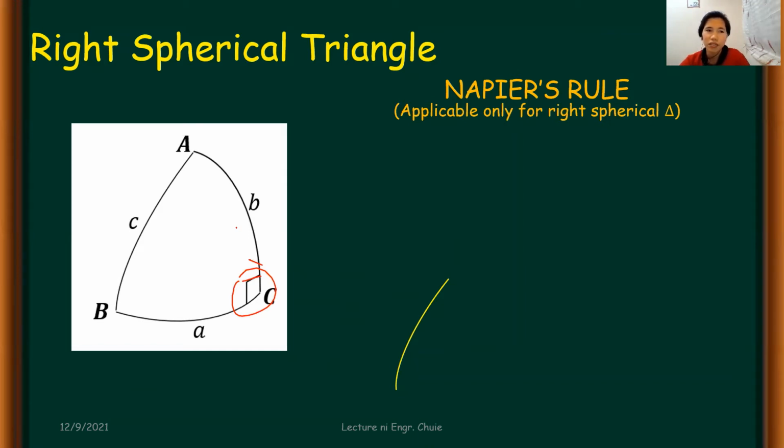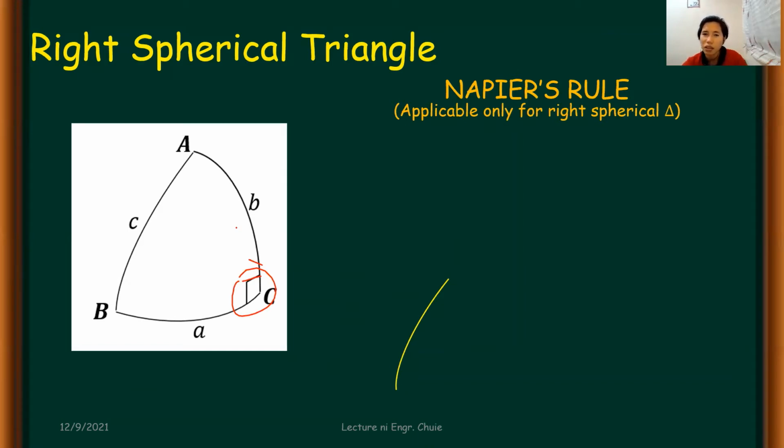But this time, for the spherical triangle, we follow the rules set by Napier, a scientist and mathematician. So this rule is only applicable for a right spherical triangle.